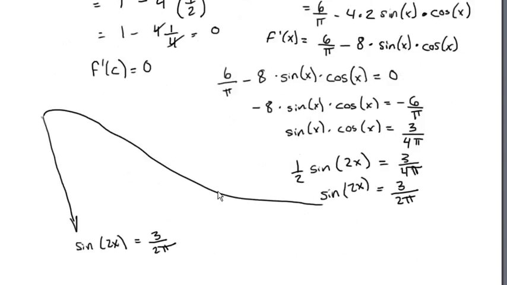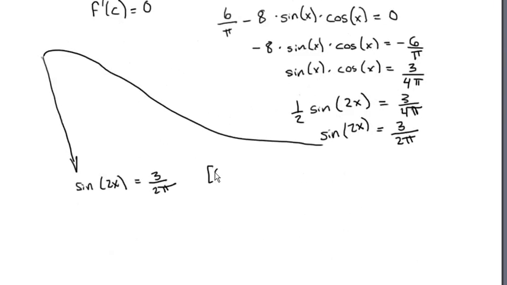Our interval that we are considering is from 0 to pi over 6. The inverse sine will give us the value that the input to sine has to be in order to get out 3 over 2 pi, as long as this number is contained in the interval of negative pi over 2 to pi over 2.